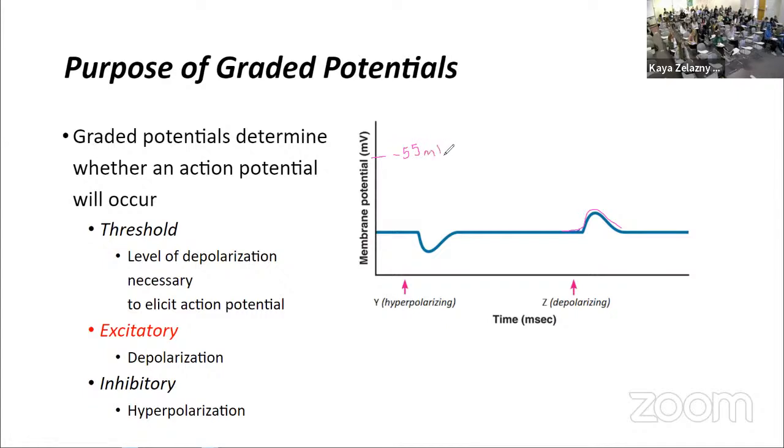So when we say excitatory, we're thinking about getting it excited, trying to send something off, getting it more likely to fire an action potential. So if we stack up enough depolarizations, eventually we will hit that -55, at which point we'll see the action potential fire off. Okay, so that's why those two terms are linked together.